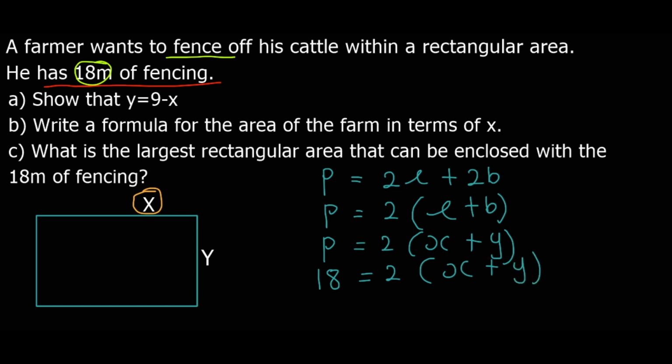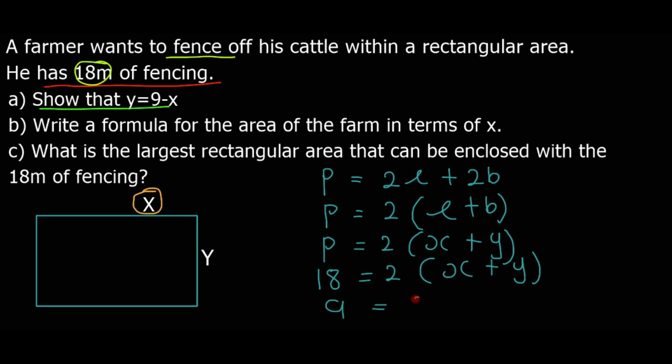Now, because the question says show that y equals 9 minus x, we need to find y. So we divide both sides by 2 to remain with x plus y. When we divide both sides by 2, the 2 and 2 cancel, and 18 divided by 2 is 9.